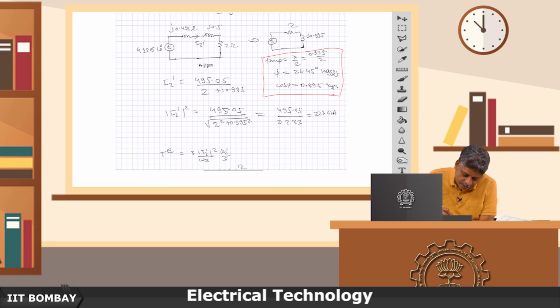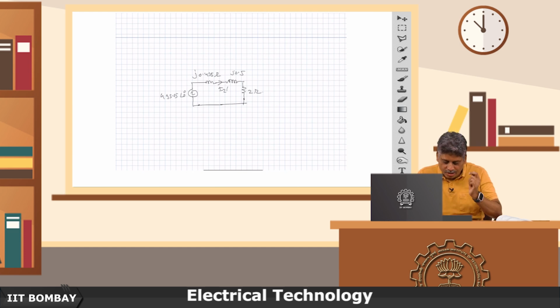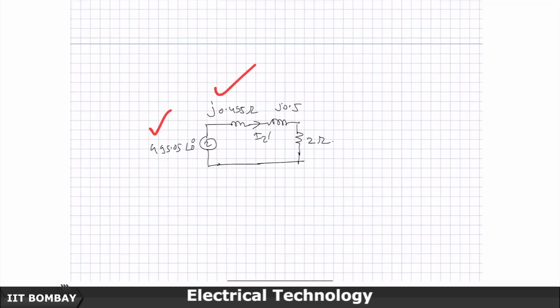Let me take this value here, and modify this. So, these two elements do not change. This is the leakage reactance of the secondary winding referred to the primary. So, this also does not change.